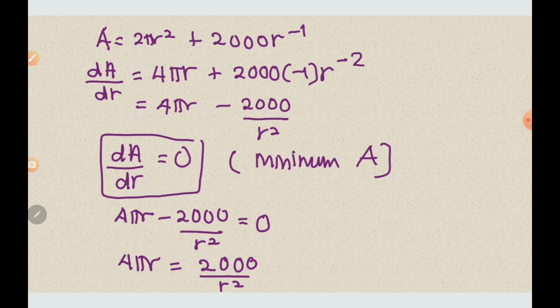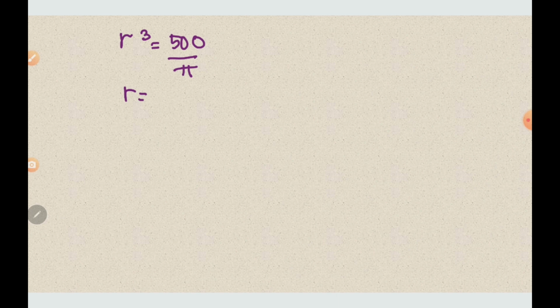Okay, then we continue. Next page, you will get r cubed is equal to 500 over pi. Therefore, r is equal to 500 over pi to the power of 1 over 3.